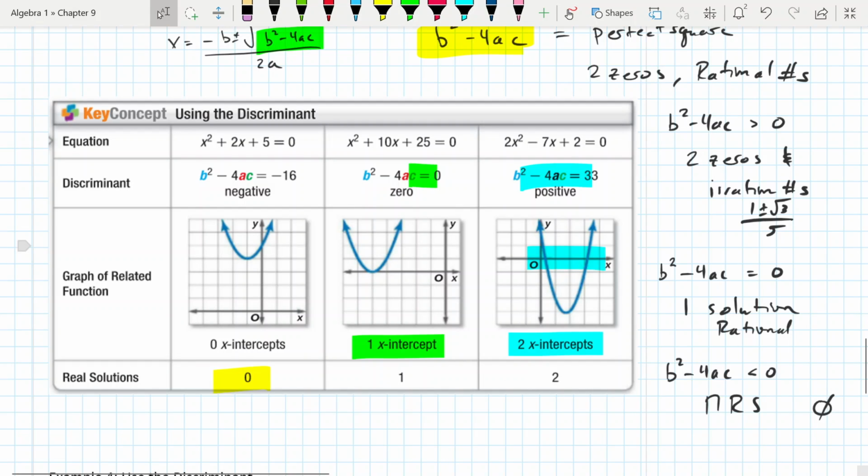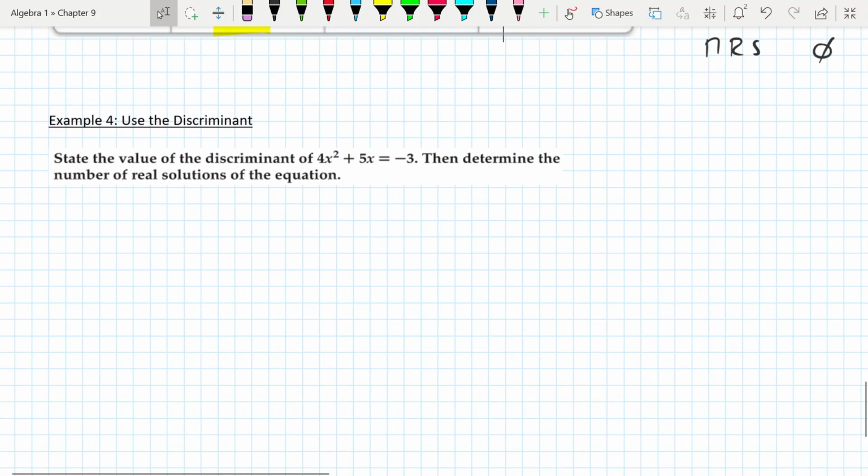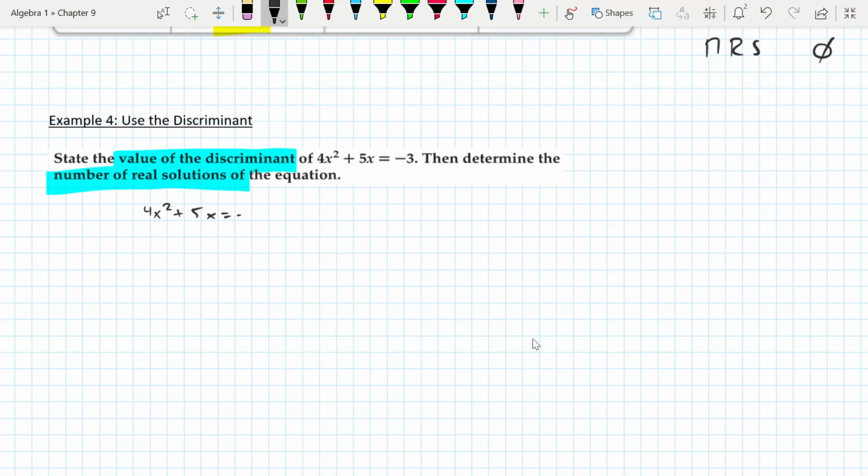All right, let's go ahead and use the discriminant on a problem here. Example 4, use the discriminant. State the value of the discriminant, so we actually have to calculate the discriminant, and then determine the number of real solutions of the equation. So I have 4x squared plus 5x equals negative 3.